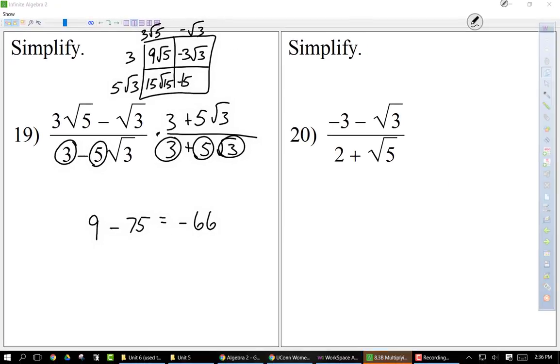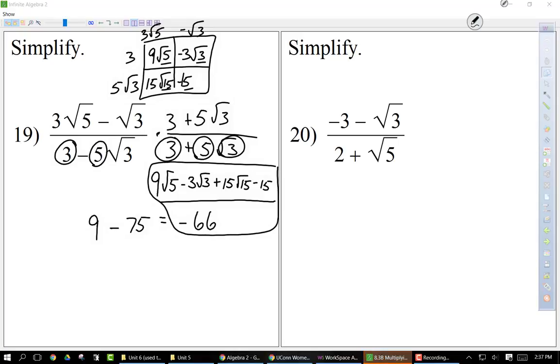All right, so my numerator. If you notice, I can't actually combine anything because this is a root 5, root 15, root 3, and that's no root there. So we're just going to rewrite it: 9 root 5 minus 3 root 3 plus 15 root 15 minus 15. Done. Can't reduce anything.